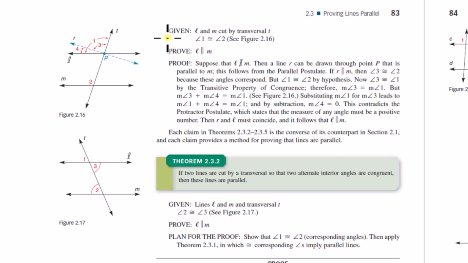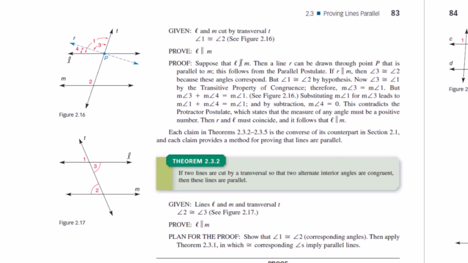What about the idea that if you take two lines and cut them by a transversal, and then you show that a pair of corresponding angles aren't congruent? What does that mean? Well, remember in the previous section, we used the indirect method to prove that theorem was true. If you find that one pair of corresponding angles aren't congruent, then you're saying the lines aren't parallel.